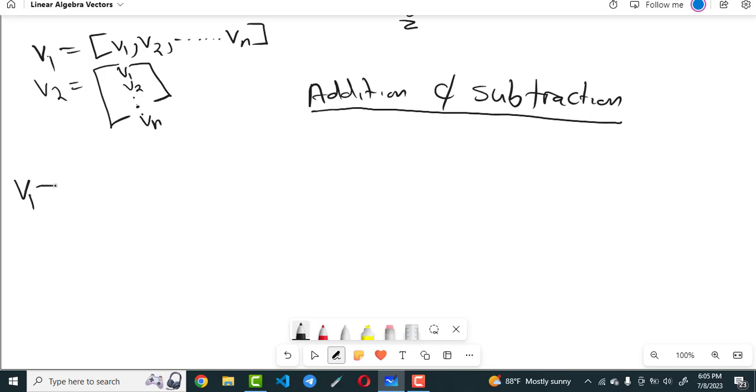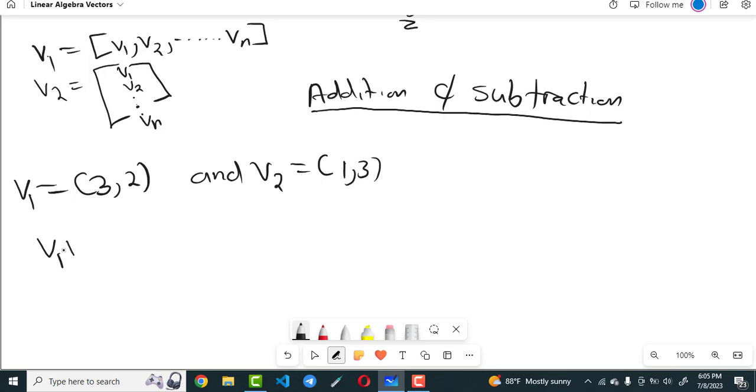Assume we have vector 1 with the coordinates in 2 dimensions, 3 and 2. And also we have vector 2, which is also in 2 dimensions, with 1 and 3. So to add these vectors, we simply say vector 1 plus vector 2. We have to add the x coordinates, which are x1 and x2, and the y coordinates, y1 and y2.